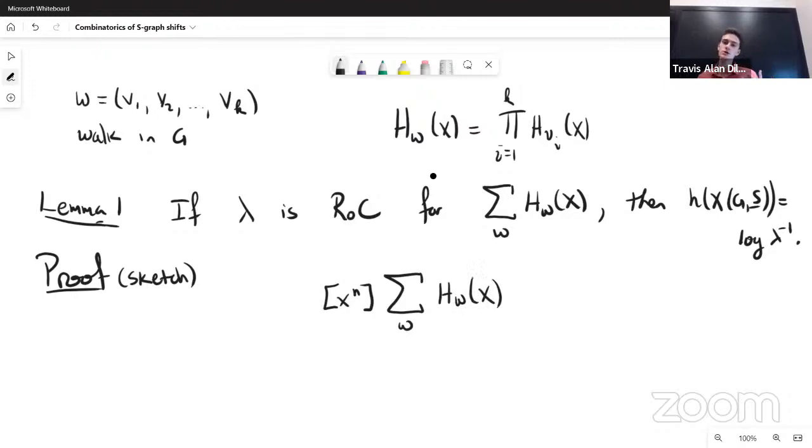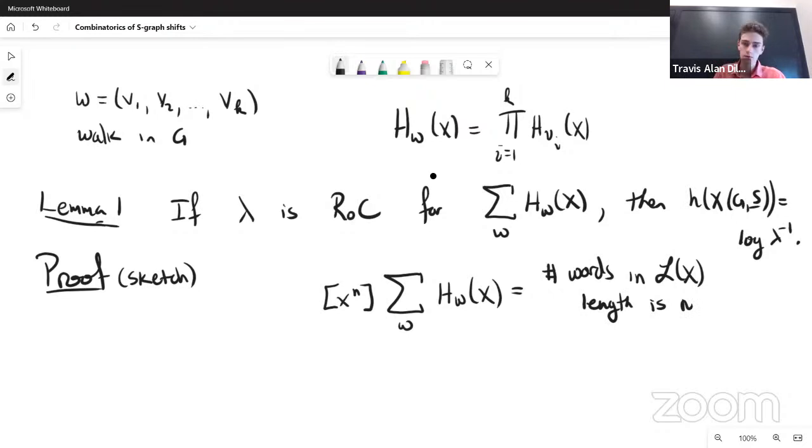And you can do some calculations. If you know something about generating functions, you can work out that this is counting the number of words in the language of x, where x here I mean x of gs, just abbreviating it. This satisfies some conditions. So the length of the word is n.